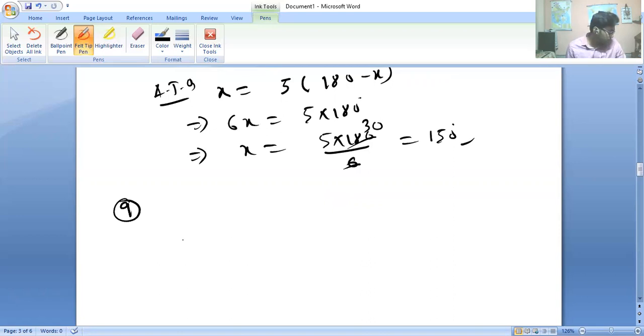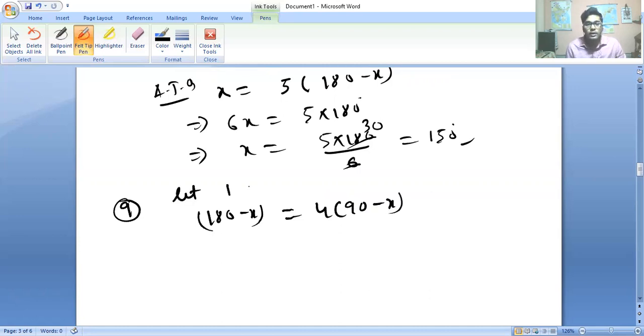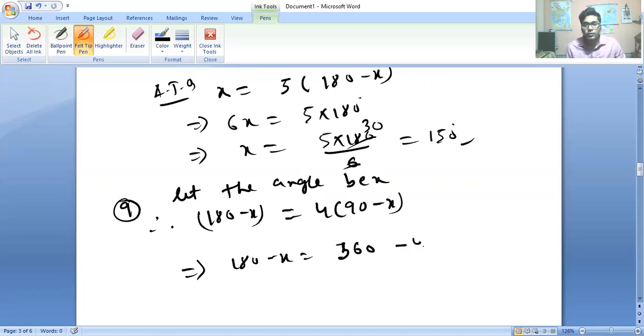Okay. Let us do question number 9. Question number 9 says find the angle whose supplement is 4 times its complement. So the supplement is 4 times the complement. Very easy. Let the angle be x. Now just simplify. 180 minus x becomes 360 minus 4x.